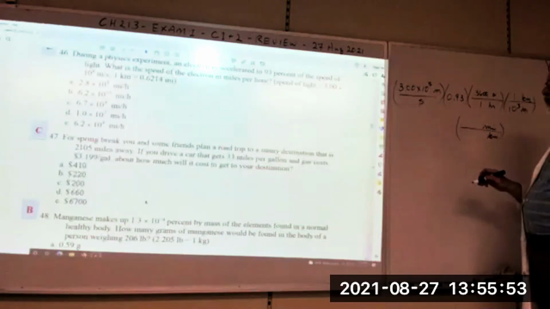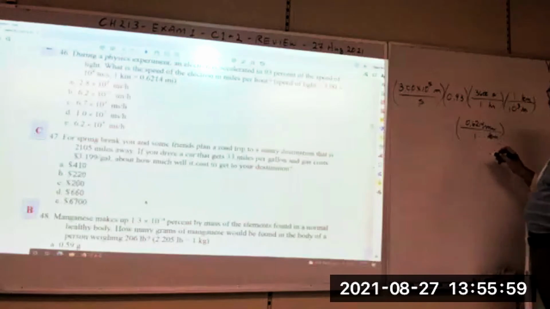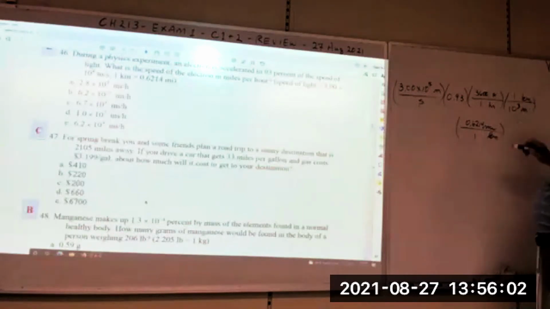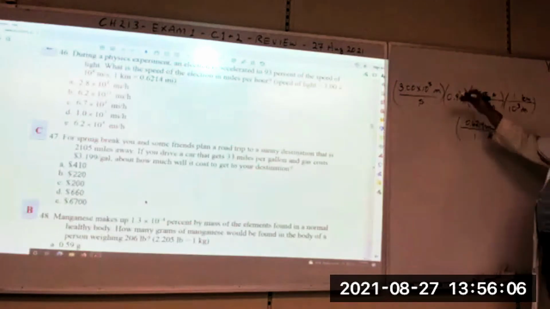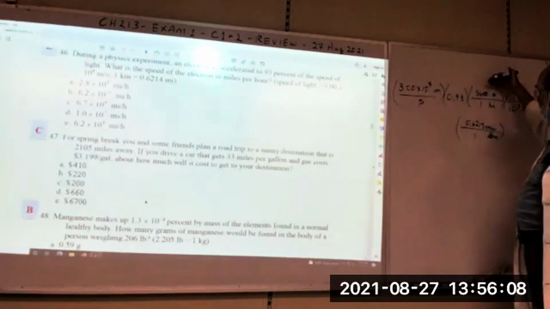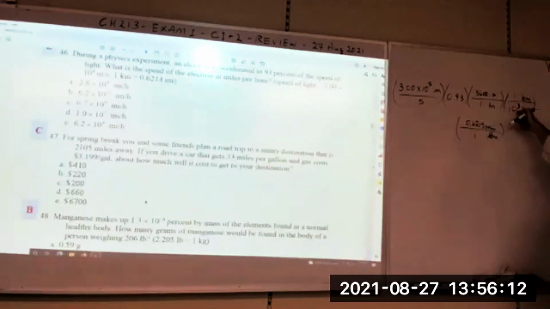Let's see, 0.6214 miles per kilometer. There we go. Now it's just crunching numbers. You multiply this times that times this times that, and then divide by that.